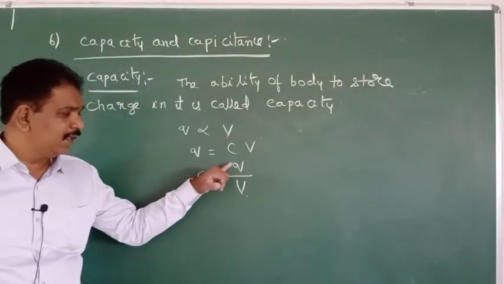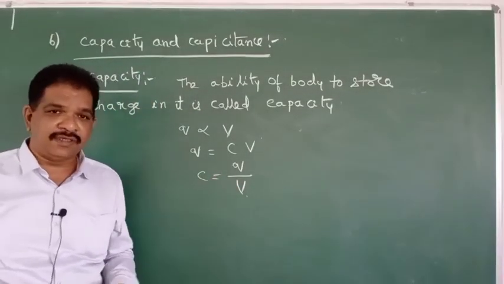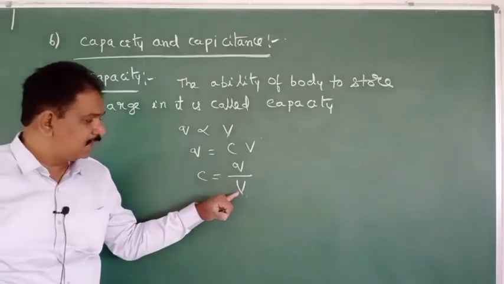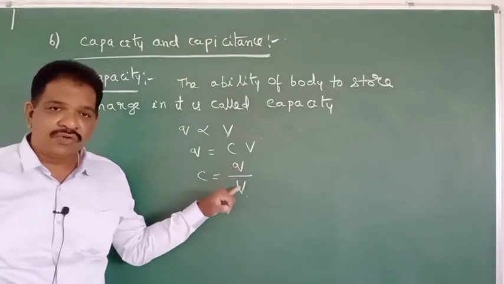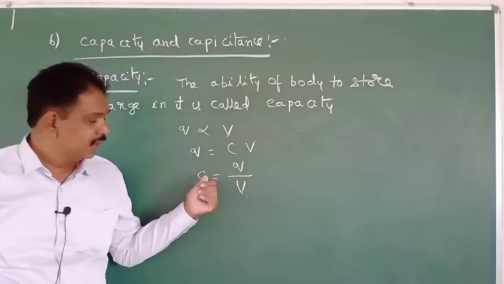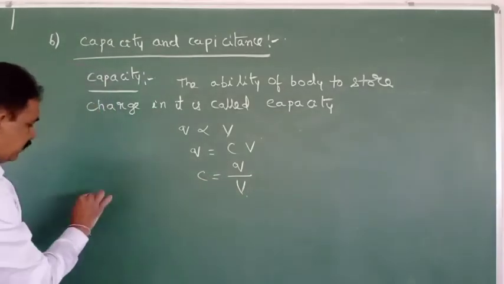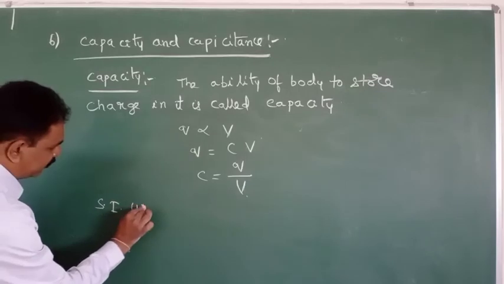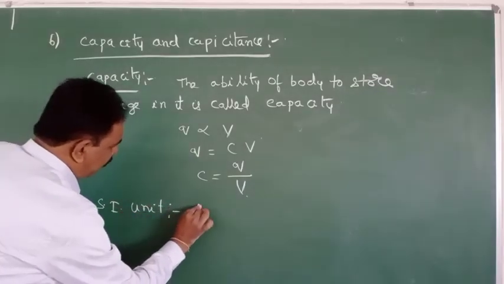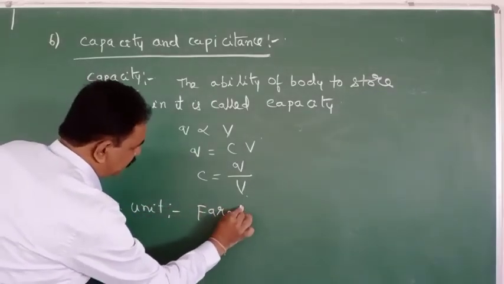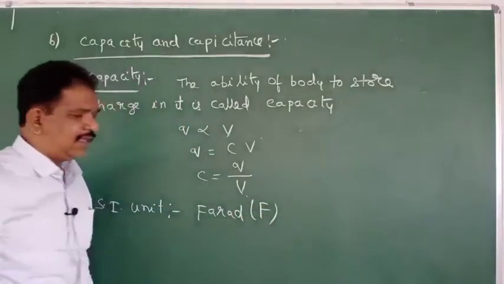Mathematically, the ratio between charge and potential is called capacity. The SI unit of this is farad. Symbol for this is F.